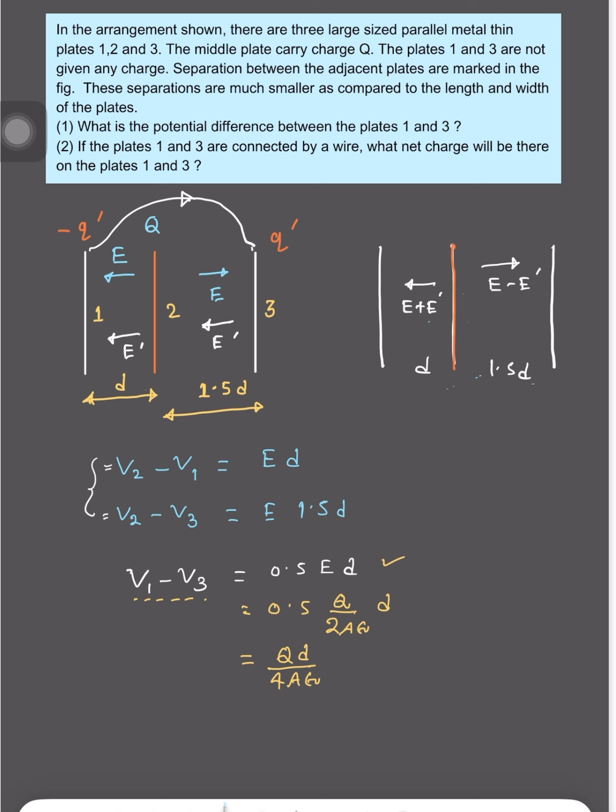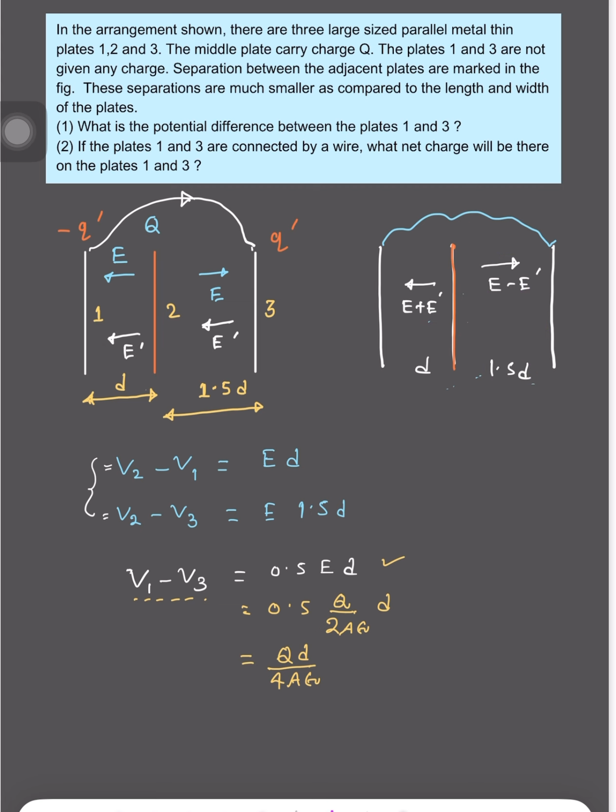Now we should ensure that these two plates are at the same potential. That means the field into this distance, the potential decrease from here to here, should be equal to the decrease from here to here, only then will they be at the same potential.